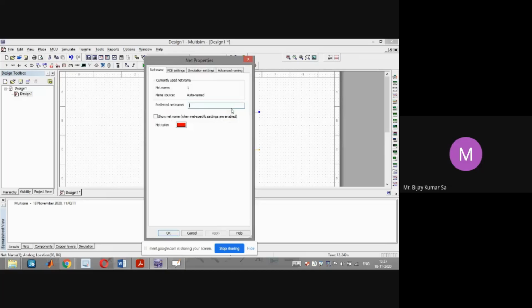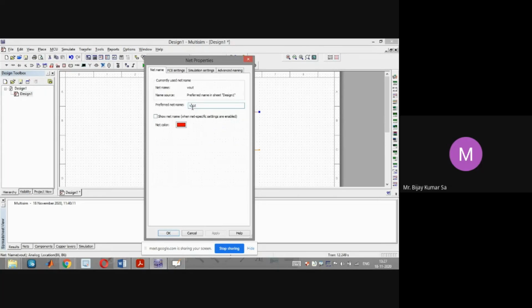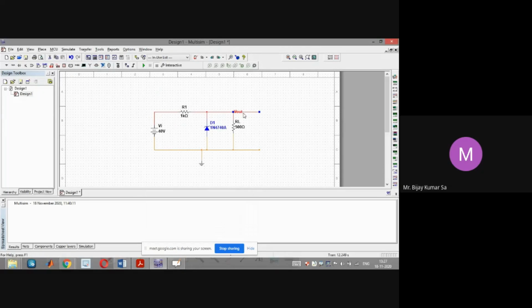Let me name this wire as V output. Net name, so that this label comes out at the top of the wire. Okay, this is V out terminal. This is with respect to the ground.